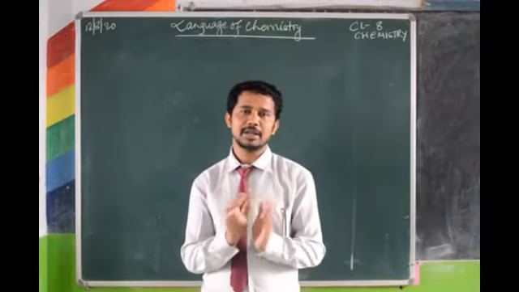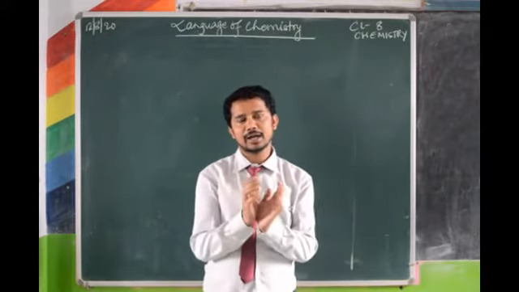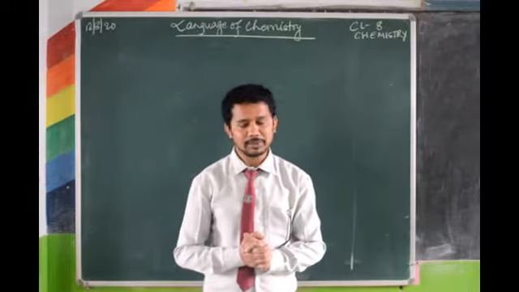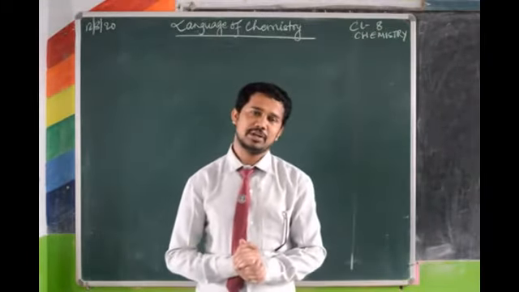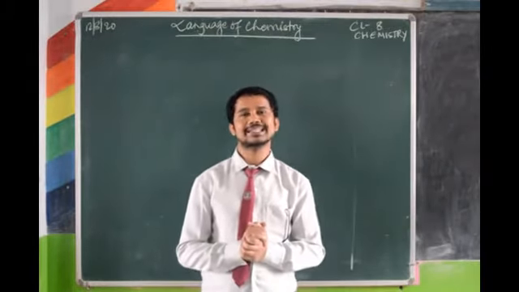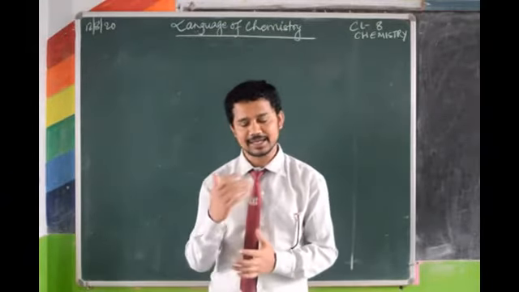Chemical equations are of two types: one is a skeletal equation or unbalanced equation, and one is a balanced equation. We did the unbalanced or skeletal equation in the last class.